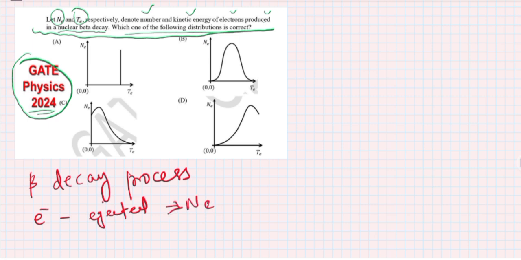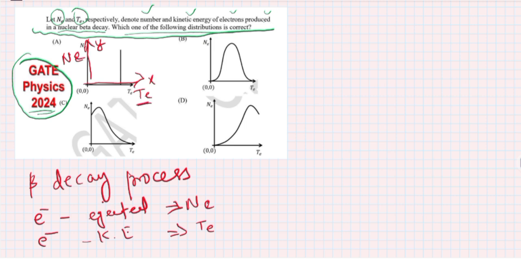Similarly, the kinetic energy of the electron is Te. Then they started drawing the graph, with Ne in the y-axis and Te in the x-axis.